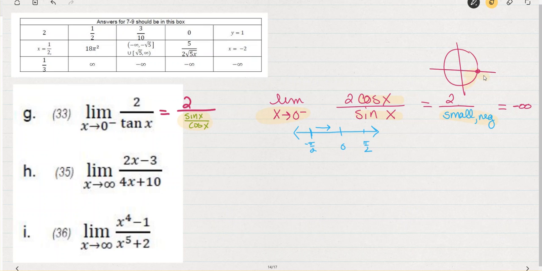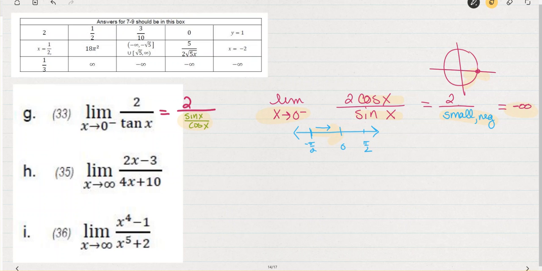We're approaching from the negative side, so from negative pi over 2 to 0, that's approaching a very small value. We're approaching 0, but it's a negative small. So we have 2 over a very small negative number, which gives us the negative infinity.